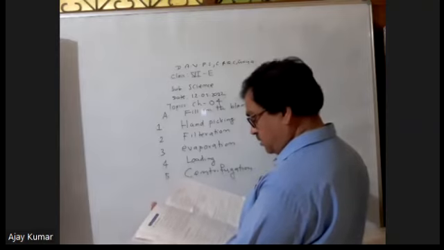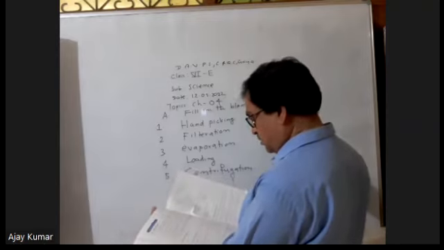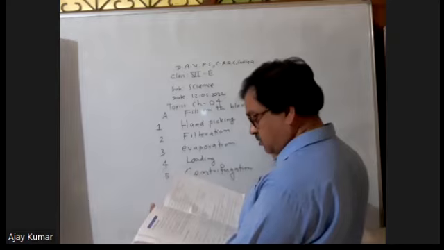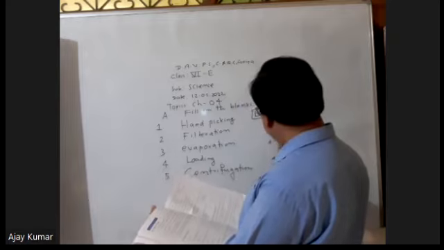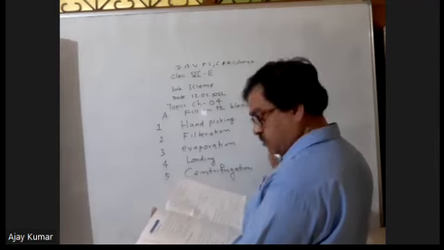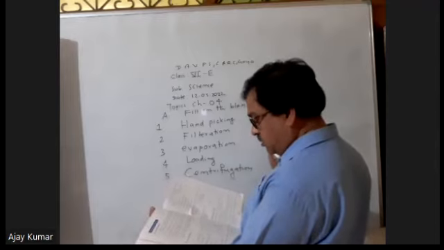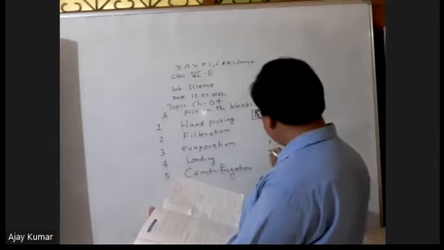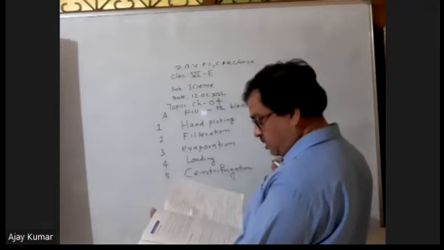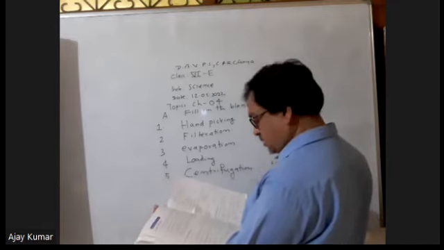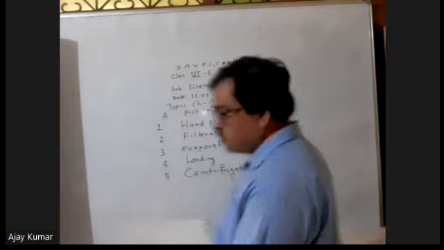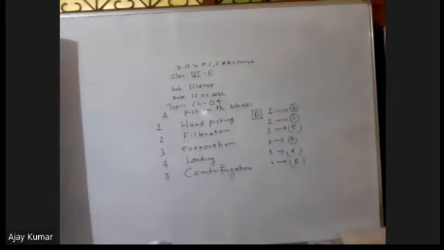Oil and water: separating funnel. Separating pieces from pulao: hand picking. Muslin cloth: filtration. Camphor and salt: sublimation. In this way, you will write, match the column.